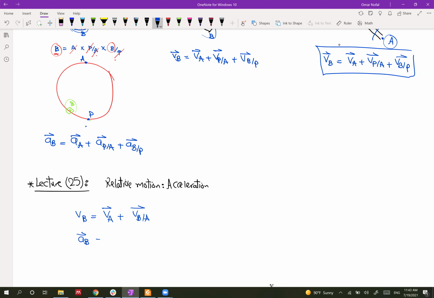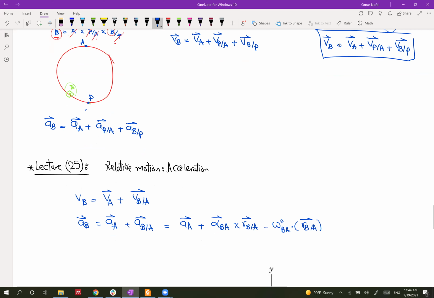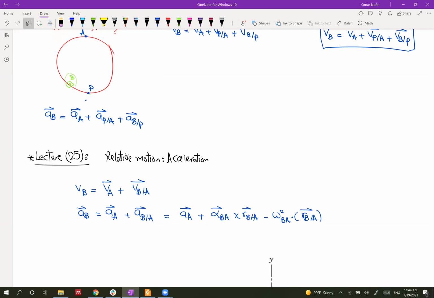We got a at B equal to a at A plus a of B with respect to A. And we said that this will be equal to a at A plus the tangent component of a of B with respect to A, which will be alpha BA crossed by r of B with respect to A, and the normal component, which will be omega BA squared multiplied by r of B with respect to A. And this is the acceleration at B. So we have tangent and normal component.